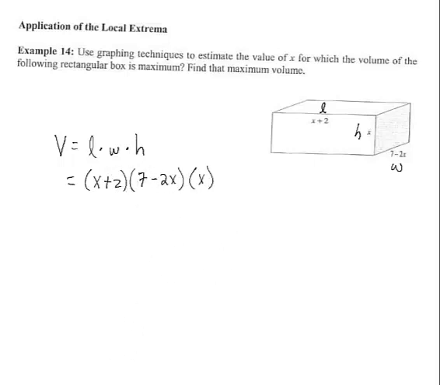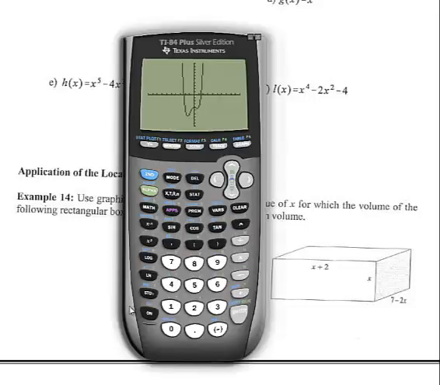I'll just simply pull up my calculator and type in my factors, x plus 2, 7 minus 2x, and then finally x. Doesn't really matter what order you put them in, as long as you get all of the factors into the y editor. And now we're going to graph.